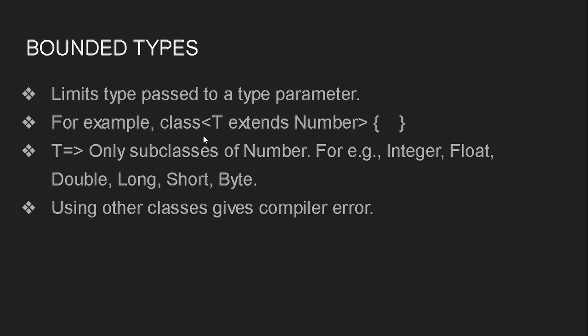I'm saying class, actually I did not name this class properly, so let us say class Gen, then after that we have this angular bracket. So you cannot write Gen<Thread>, that is not going to work. You cannot try to create an object of Gen<Thread>, because Thread is not extending from Number, right? So this T can only be Integer, Float, Double, Long, Short, or Byte.